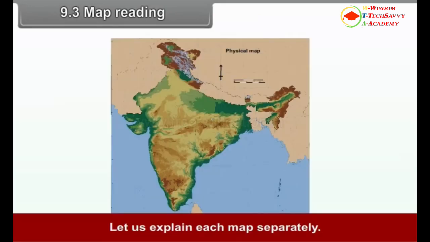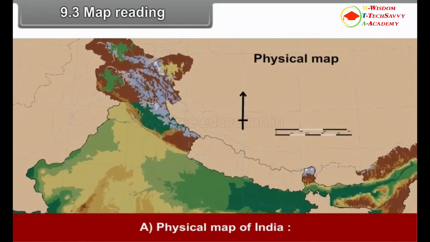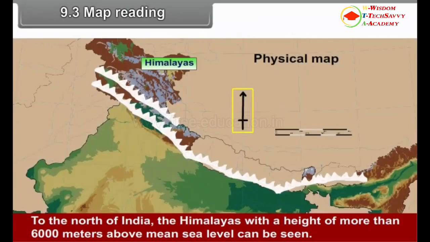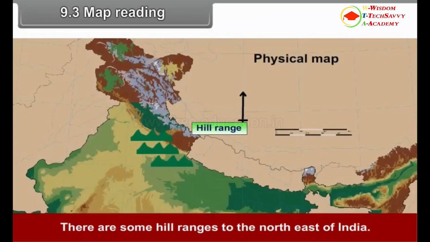9.3 Map Reading. Let us explain each map separately. A. Physical map of India. To the north of India, the Himalayas, with a height of more than 6,000 meters above mean sea level, can be seen. There are some hill ranges to the northeast of India.